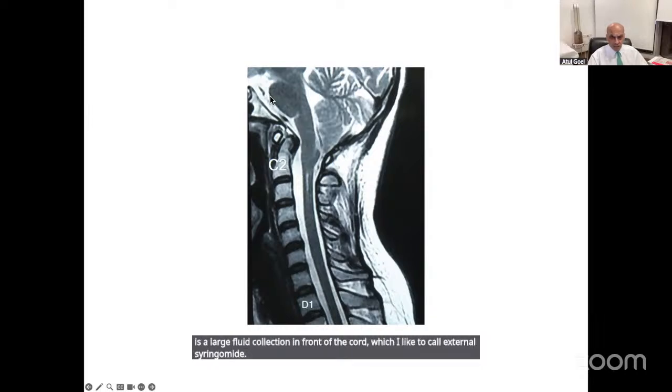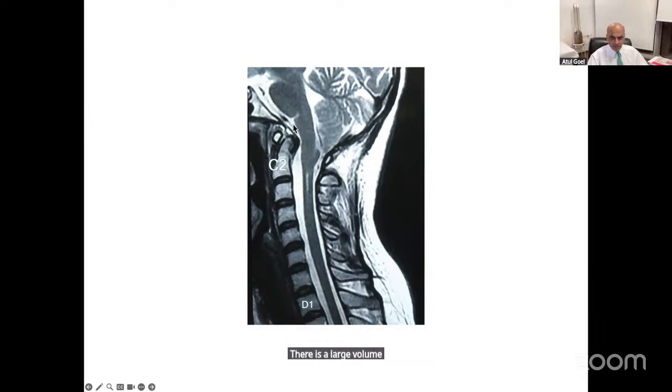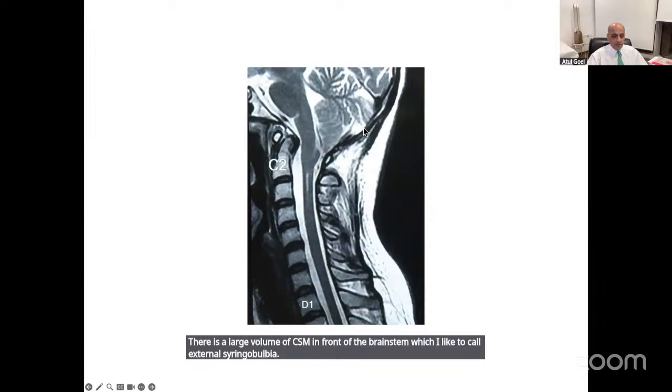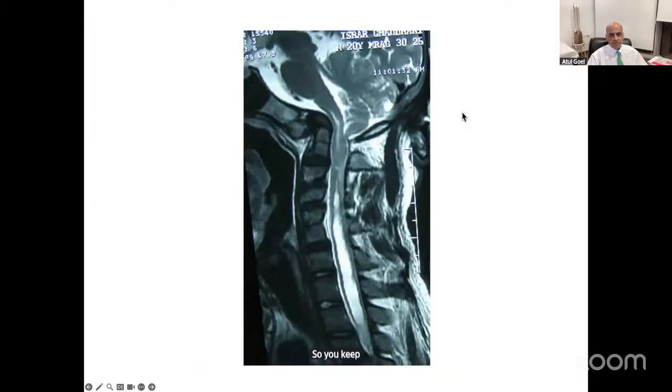There is a large volume of CSF in front of the brainstem, which I like to call external syringobulbia. So you keep track of these words which I am giving you. Now this patient has internal syringobulbia, syringomyelia, external syringobulbia, and see the posterior fossa is not tight.